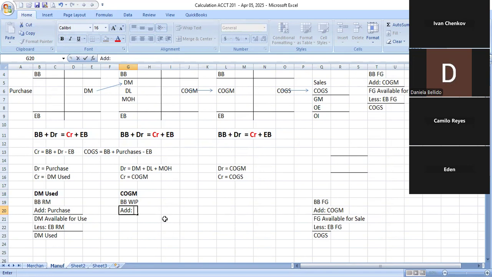We're going to add direct material used, direct labor, and manufacturing overhead. And once we add those, we're going to have some total production cost to be transferred to the next stage.